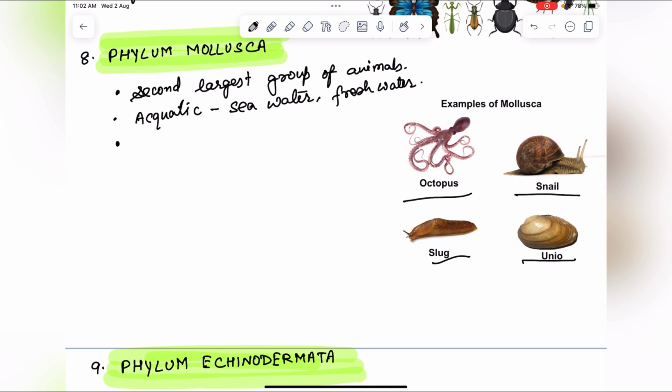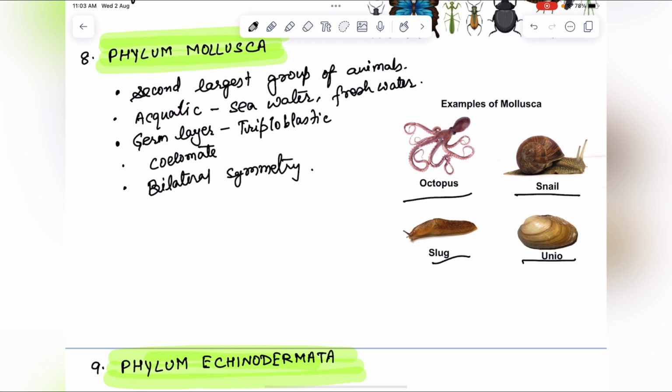Second point is they are triploblastic. Germ layer is triploblastic and they are coelomates, means body cavity is filled with fluid, and they are bilateral symmetry. Examples are octopus, snail. All these are the examples of phylum Mollusca.